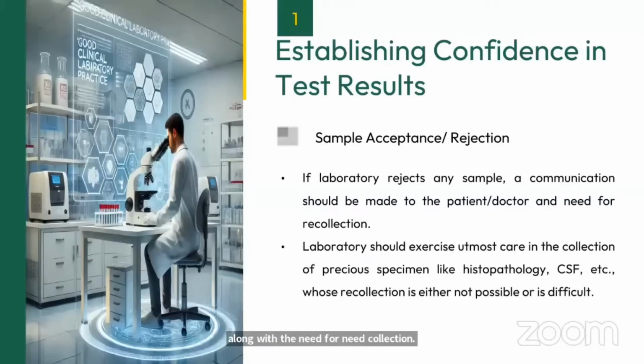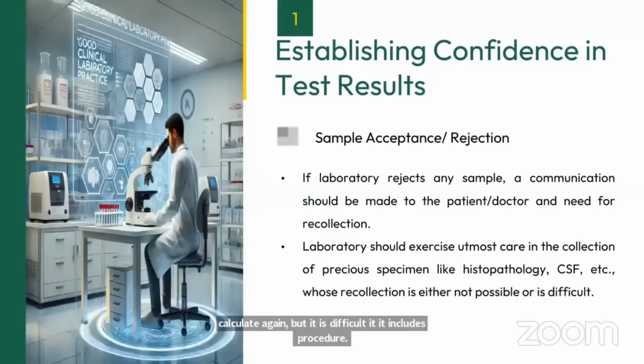Laboratory should exercise utmost care in the collection of precious samples like histopathology, CSF, etc., whose recollection is either not possible or is difficult. Many times we have seen there are certain samples which we call precious samples. Precious sample means where recollection may not be possible or is difficult. A CSF sample, once it is collected, you can collect it again, but it is difficult. It includes an invasive procedure.